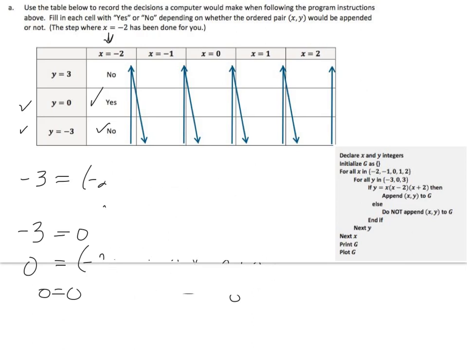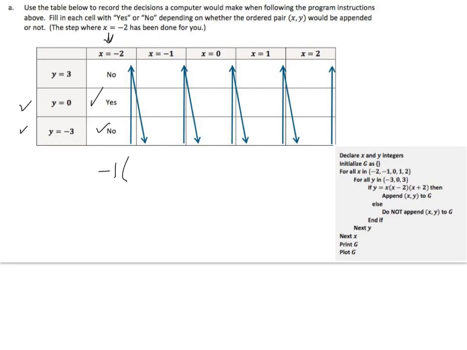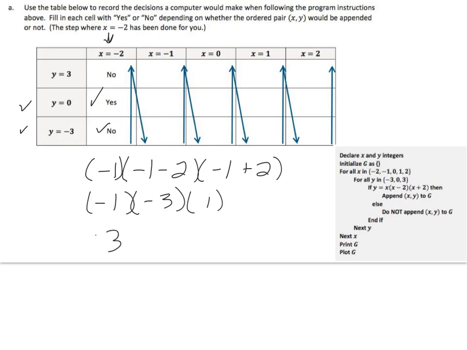Okay, let me erase that. And we'll test another one. And what I'm going to do is plug in x for the right side and just see which y matches. So I've got x equals -1. So I have -1 times (-1 minus 2) times (-1 plus 2). -1 times -3 times 1. That gives me 3.